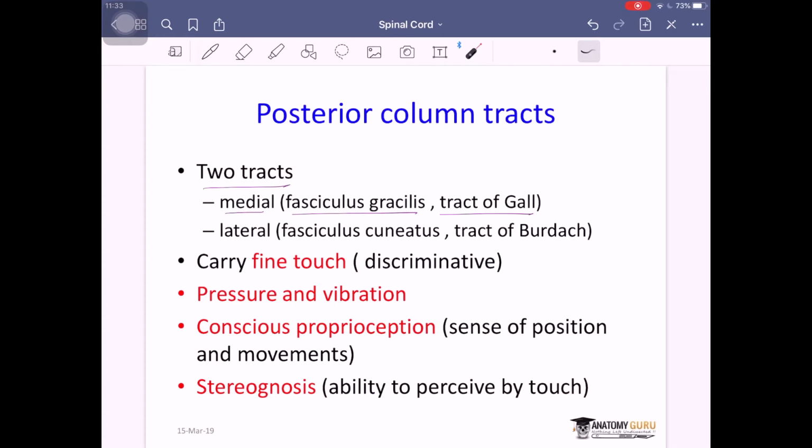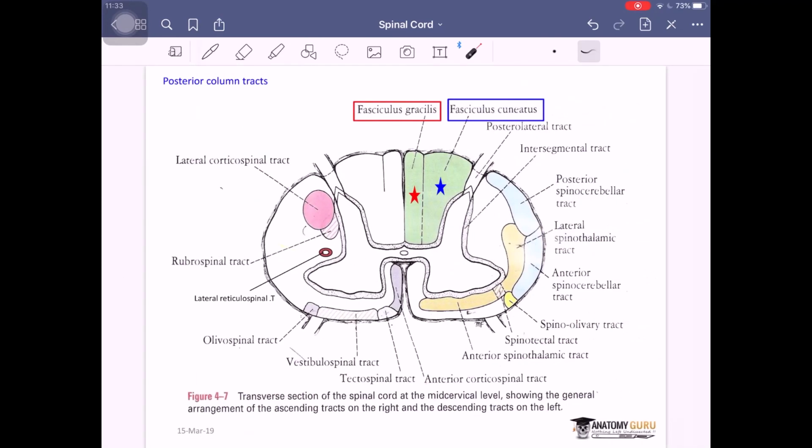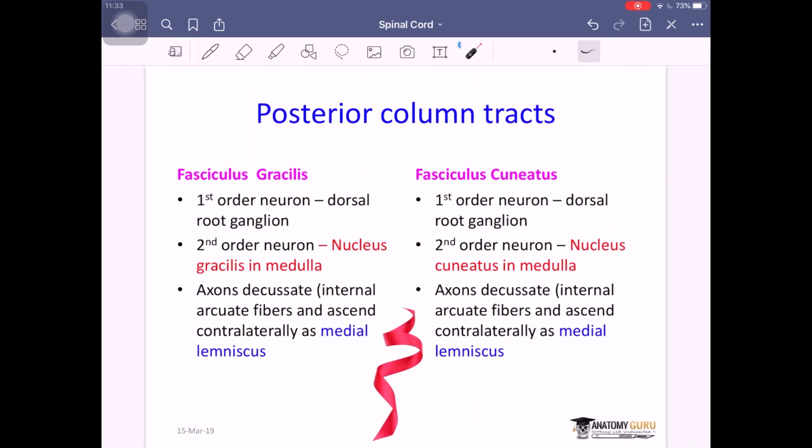All this is high-fidelity information, whereas pain, temperature and crude touch are basic information. That is the reason we call the spinothalamic tract an old tract, the archi tract, whereas the posterior column tracts are called a new tract, because this is highly defined, filtered information which is not seen in lower animals. We already said where they are present: medial and lateral, posteriorly.